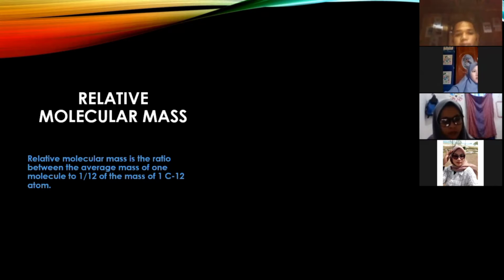Relative molecular mass is the ratio between the average mass of one molecule to 1/12 of the mass of one carbon-12 atom.